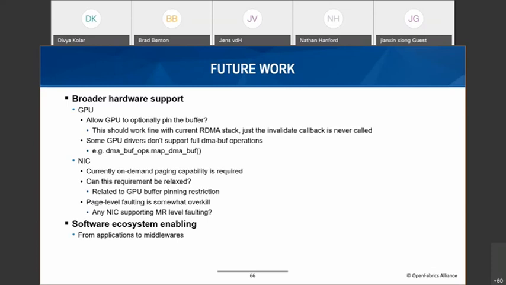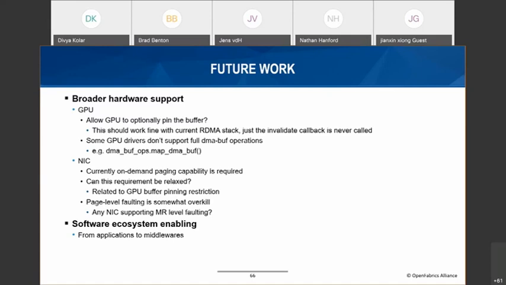Many of the other drivers are just moving the memory to the system memory. Only a few GPU drivers can actually support this peer-to-peer style operation. And there are also some GPU drivers that don't even support the mapping operations.